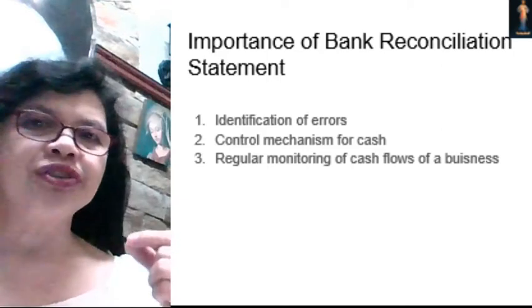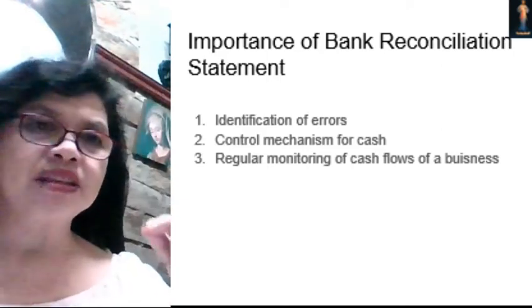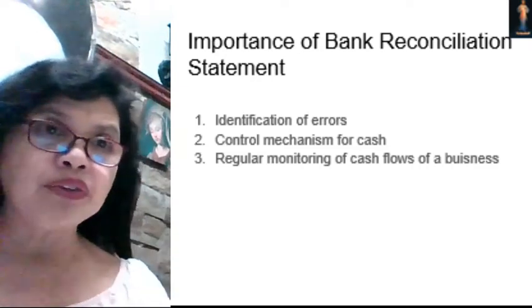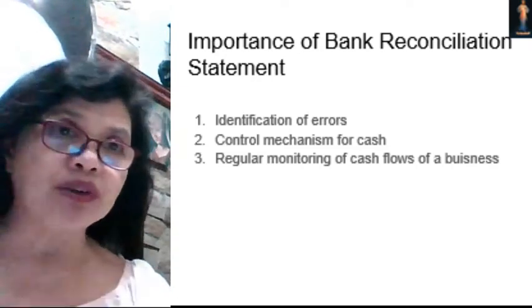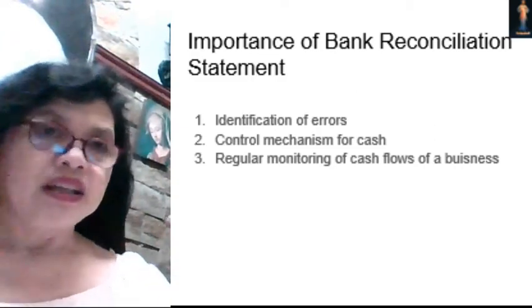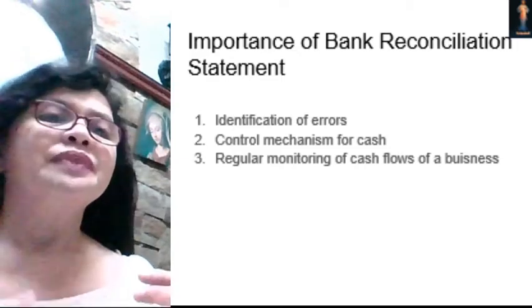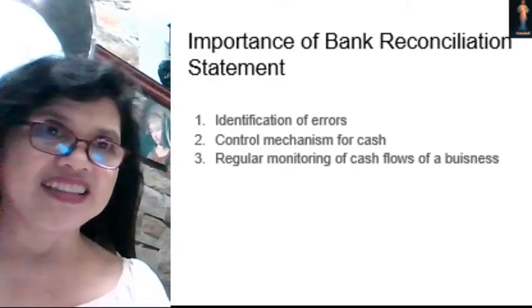Okay, because as part of the internal control, when you make a deposit, there is an authority from a higher person. When you make vouchers for payments, there is an authority from the person in charge of that. So, monitoring of your cash flows will be regulated.